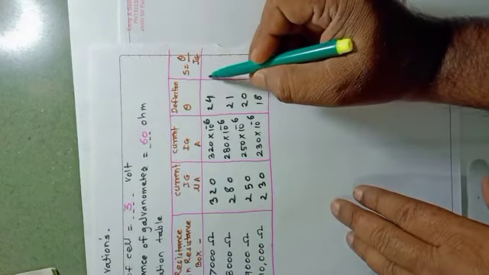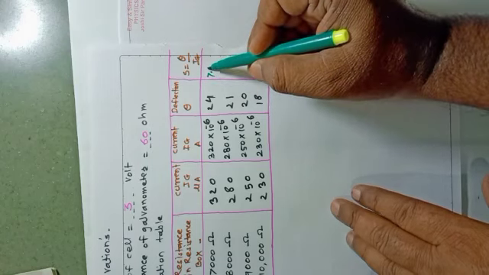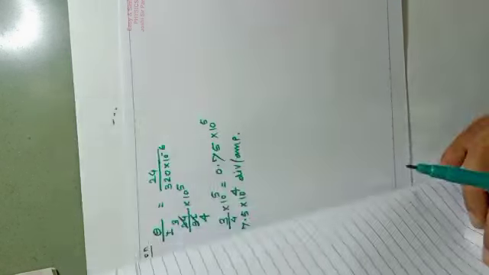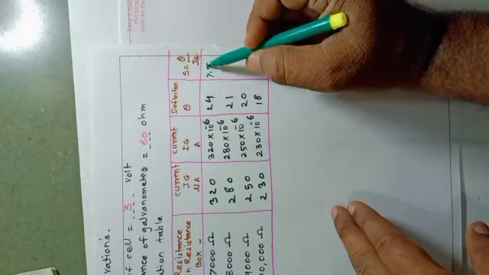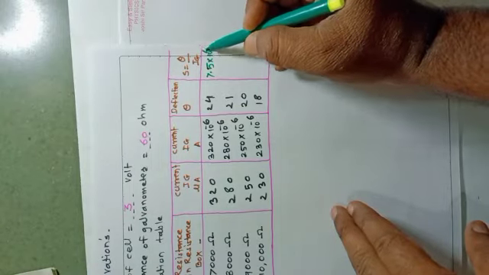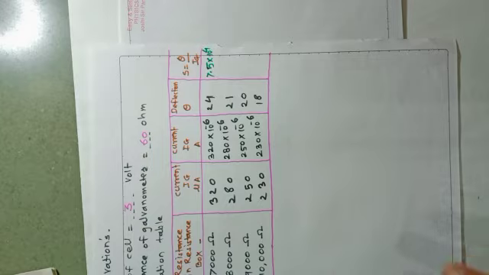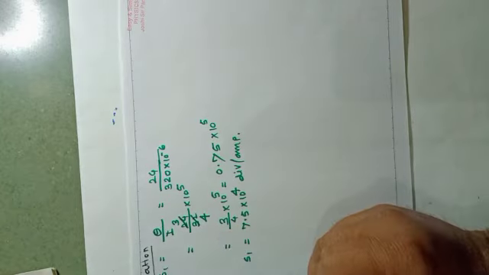So we can write here first, that will be 7.5 into 10 to the power 4. Again, the second calculation will be if we can find out S2.